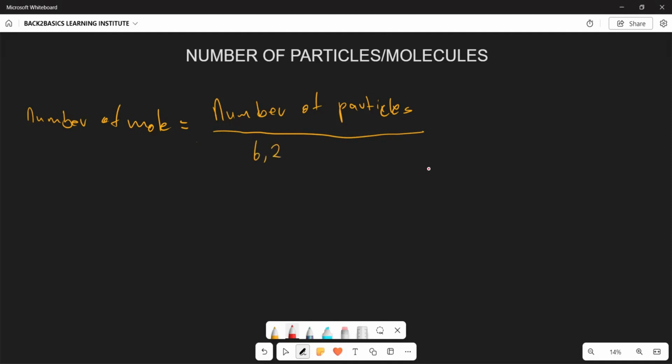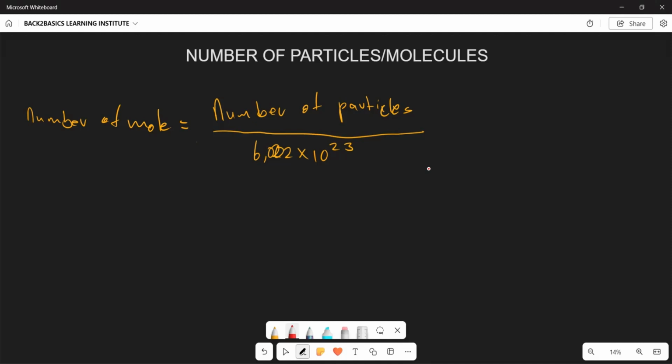And your Avogadro's number is 6.022 times 10 to the power of 23. And you know that your Avogadro's number represents one grain, or one molecule, right? So now let's see what this is going to give us.